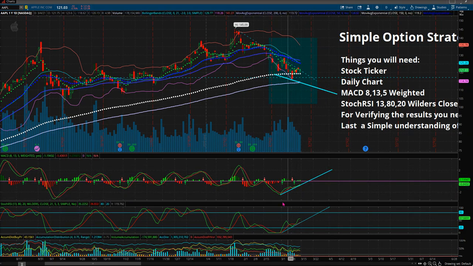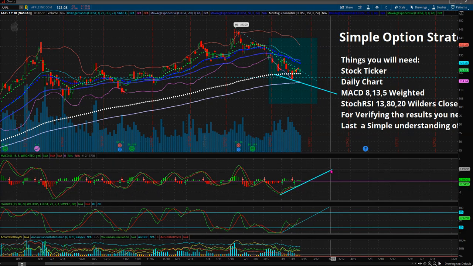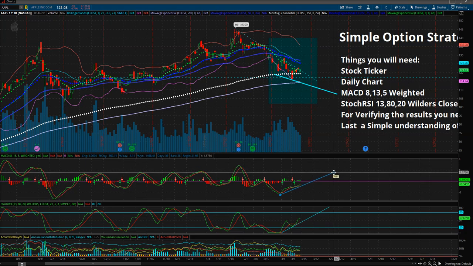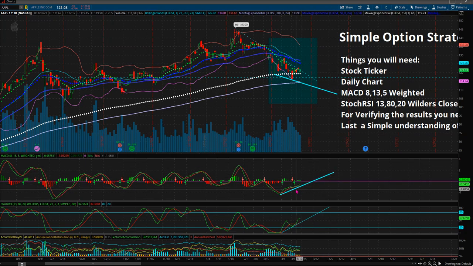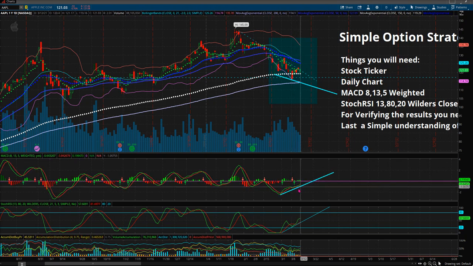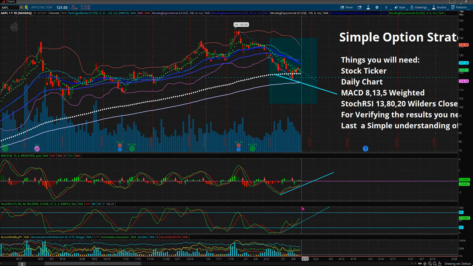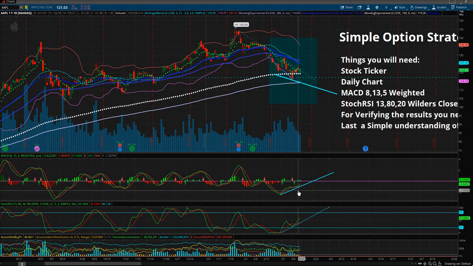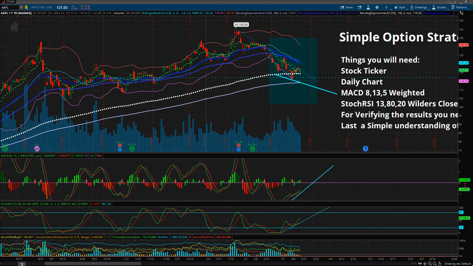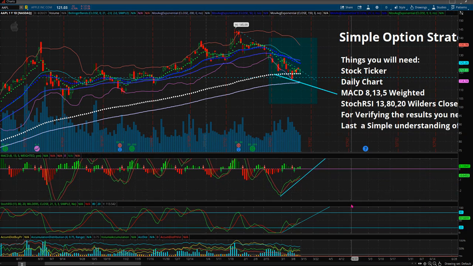So now, the other thing that you can check out while you're looking at this is the mouths. So I've got this green line and a red line here, and the green line is crossing and going up, and the red line is going down. It looks like if it was a little snake or an alligator, its mouth is open. I can open this up a little bit more so you can see it there.